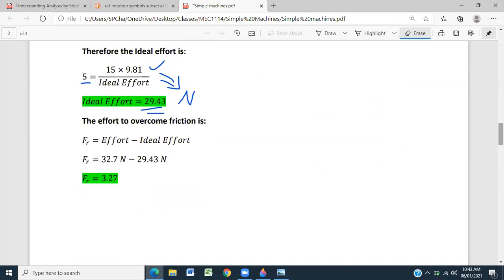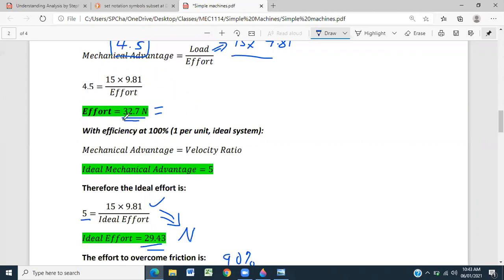Now, the effort to overcome friction. We know in the ideal system, we don't have any losses, right? And the ideal effort is 29.43. Remember, this system isn't ideal, but we found it for the ideal system anyway, because we want to know how much losses we get. So the effort we used in this system at 90% efficiency, we calculated as 32.7 newtons.